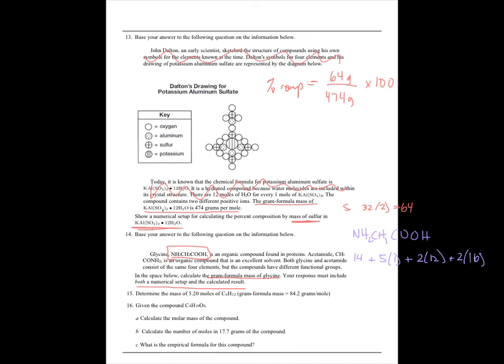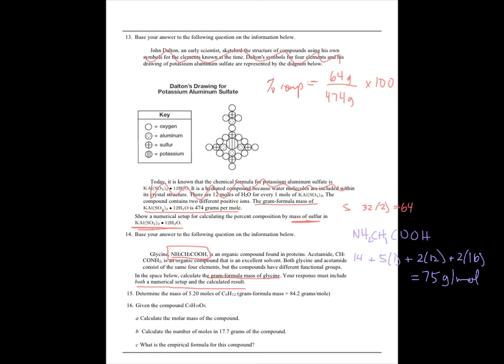That's part of the answer. Now we need to add them all up to get our answer. So 14 plus 5, that's 19. 19 plus 24, that is 43. 43 plus... Well, I got tired of doing this in my head, so I just went to my phone to calculate it. 75 grams per mole. And that's our answer.